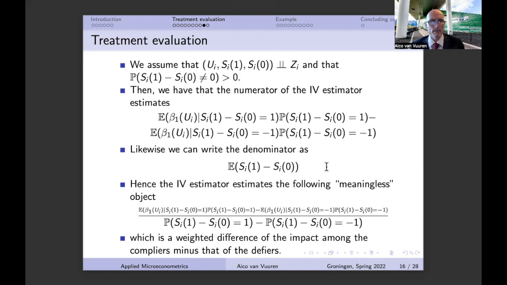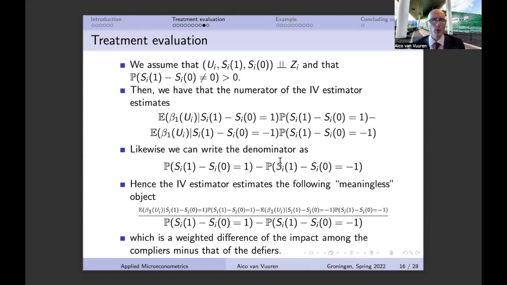And this can be written as the probability that Si1 minus Si0 is equal to 1, minus the probability that Si1 minus Si0 is equal to minus 1. So for the denominator, we get this thing over here.